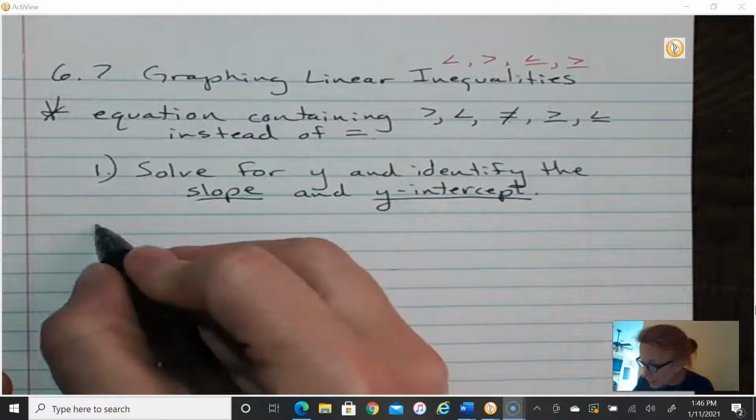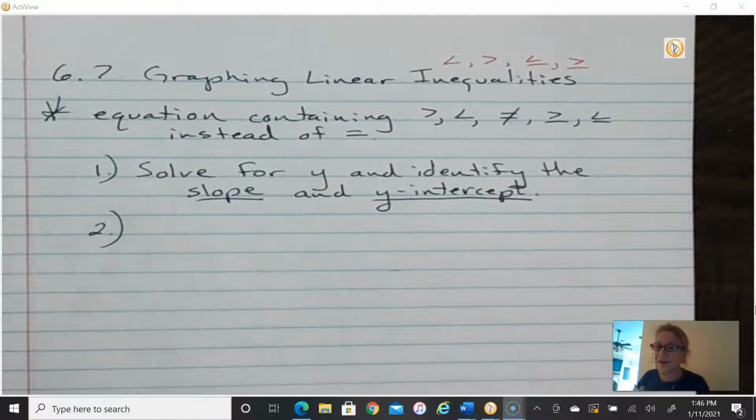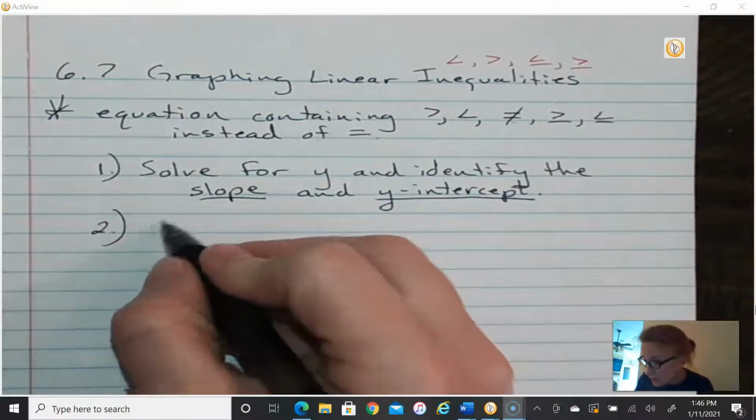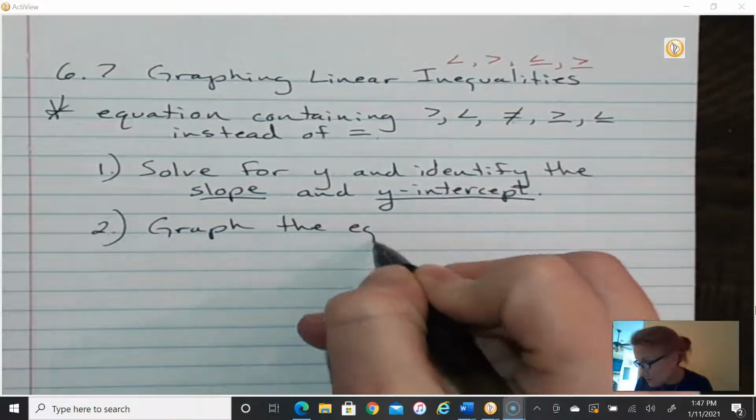Okay, so step 2, and I'm going to make this, the distance learning lessons are going to be short and sweet. Like I'm skipping over some stuff, okay? I know yesterday's wasn't short and sweet, but it is what it is. Okay, so step 2, you're going to graph the equation.